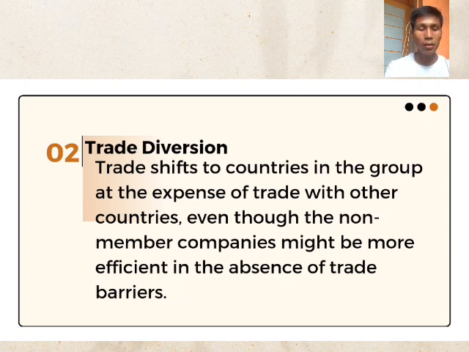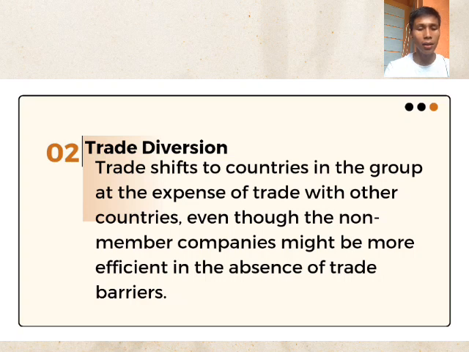However, trade diversion can also result in economic inefficiencies by diverting trade away from more efficient suppliers outside the RTA. It can lead to higher prices and reduced consumer welfare. It can also harm non-member countries that face a decline in export opportunities to the RTA.